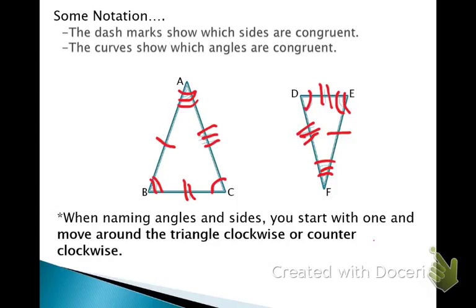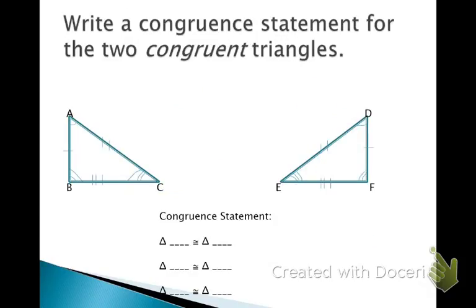Now, let's get this corresponding part down. If I name this triangle on the left ACB, let me mark it. Since you can't see the markings, I'll put the markings in.